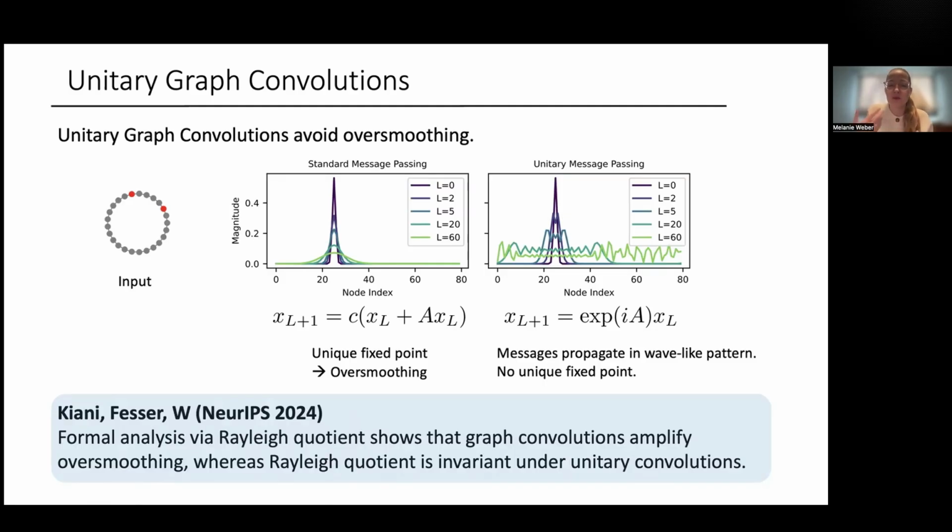And one can show, through this lens of the Rayleigh quotient, that while oversmoothing always occurs in deep graph convolutional networks, the Rayleigh quotient is invariant under this unitary graph convolution operator, and this means that even as we make the network deeper, no oversmoothing can occur. It doesn't amplify the oversmoothing effect as we get with very deep graph convolutions. So this is the theoretical idea behind this, illustrated on a toy example.